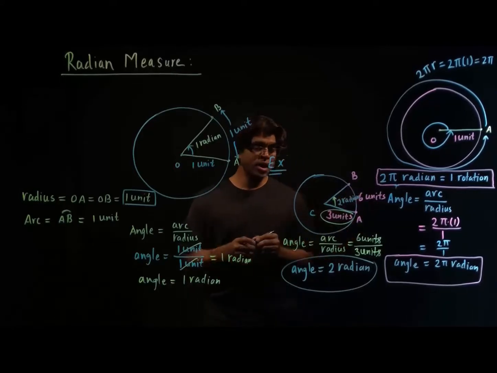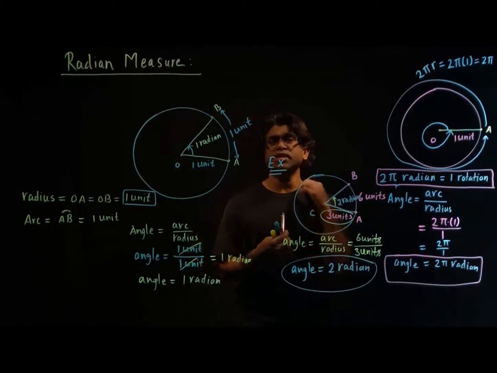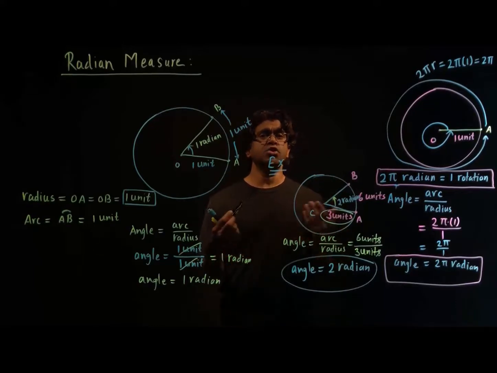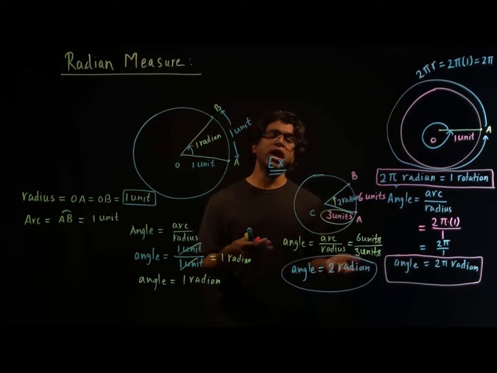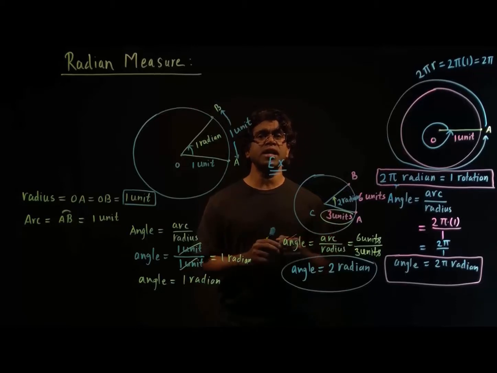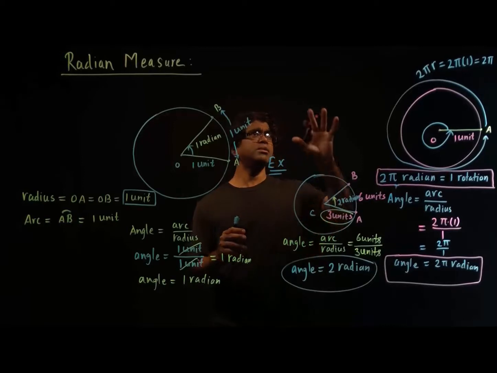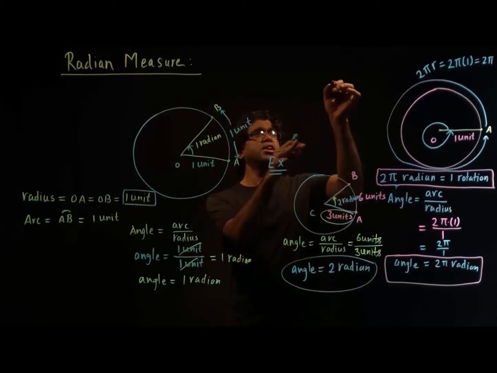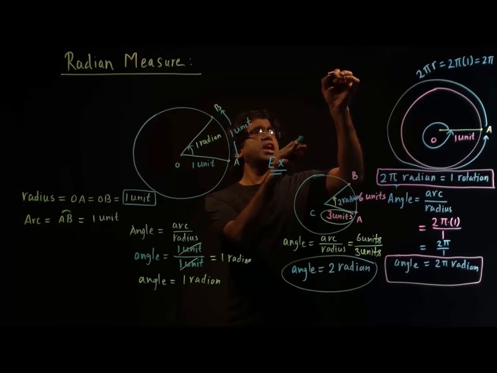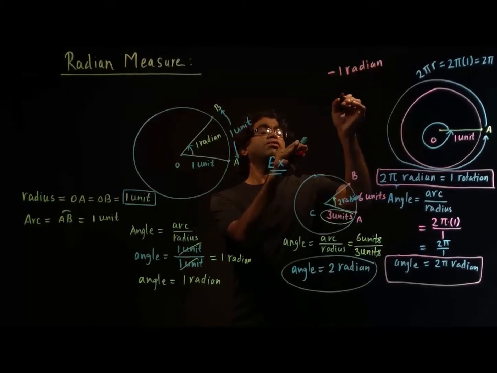Now, if my angle is a negative angle in radian, then what will I do? I will follow the same rule for drawing or measuring the angle. I should say measuring the angle in the clockwise direction, and then that angle will be a negative angle. For example, suppose I want to draw negative 1 radian for a unit circle.